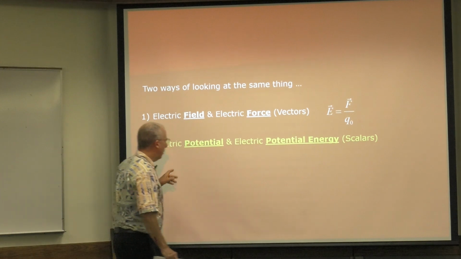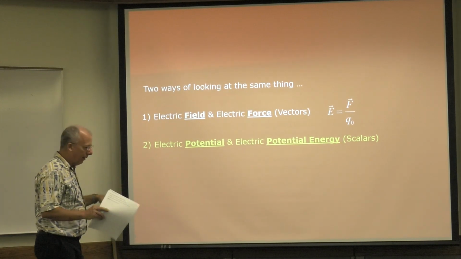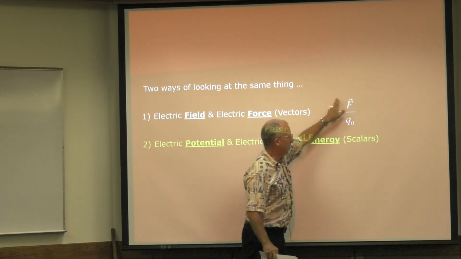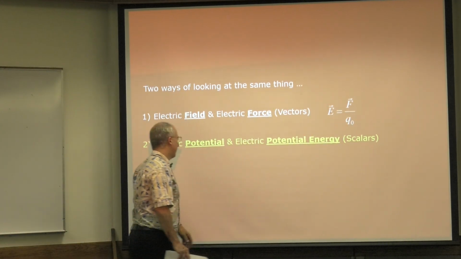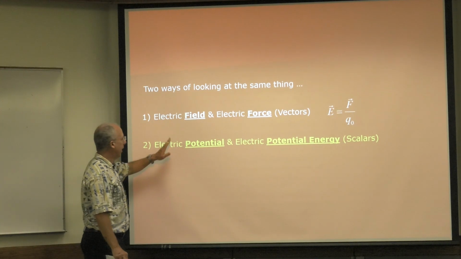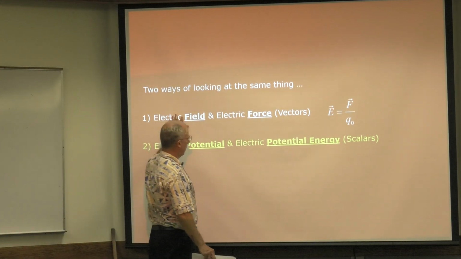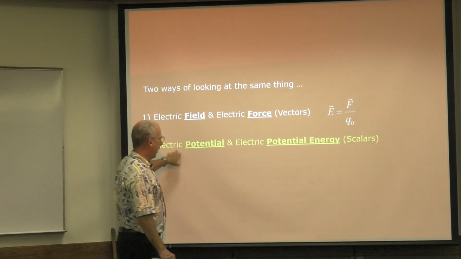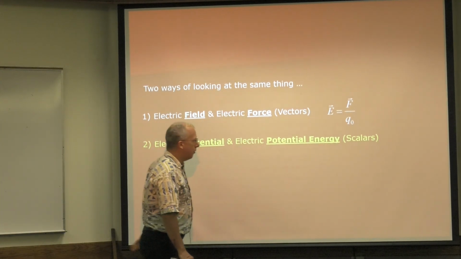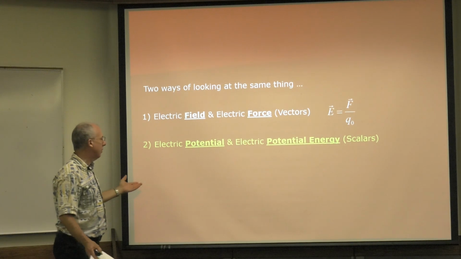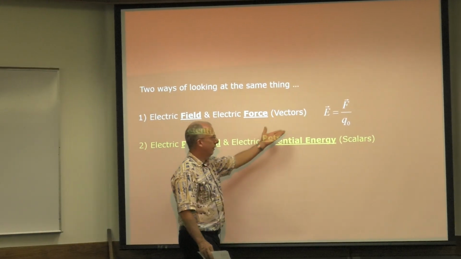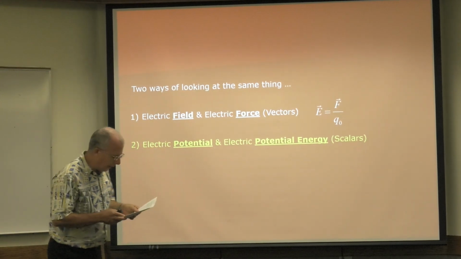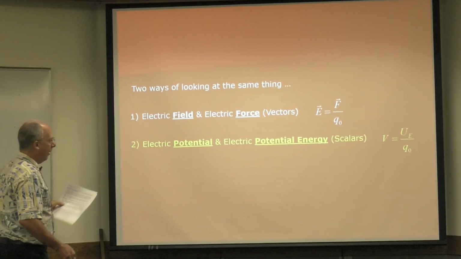So what I want you to do is use the thought process that we used to come up with this equation and come up with something here, right? Again, electric field is related to force. Electric potential is related to potential energy. So what do you think would be a good equation for electric potential? Well, hopefully, you'll come up with this, right?